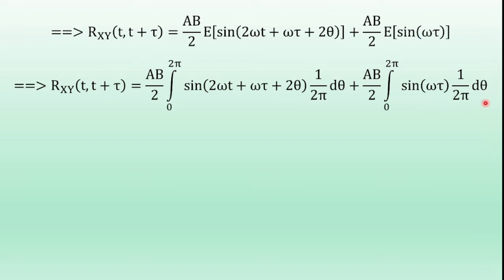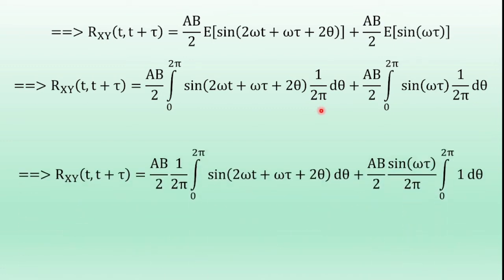From the given data, the range of theta is 0 to 2 pi. Now we are integrating with respect to theta. 1 by 2 pi is constant, so it is written before the integration, which equals AB by 2 into 1 by 2 pi integral 0 to 2 pi of sin of 2 omega t plus omega tau plus 2 theta d theta, plus, integrating with respect to theta, sin of omega tau by 2 pi, which is constant, written before the integration, into integral 0 to 2 pi of 1 d theta.